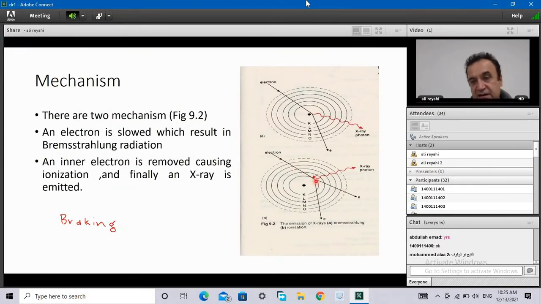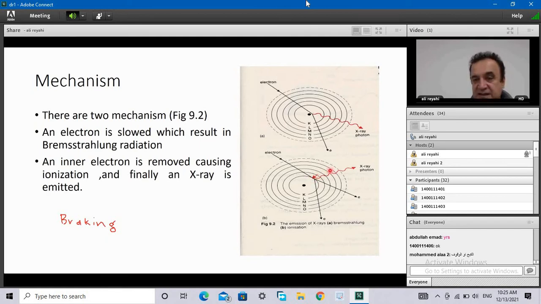This is the striking electron, and this is the ejected electron. And an electron from an upper layer drops to this empty space. No, we don't have any electron, why? Because this coming electron pushes out, ejects this electron towards outside. Now we have a hole here, an empty space here.